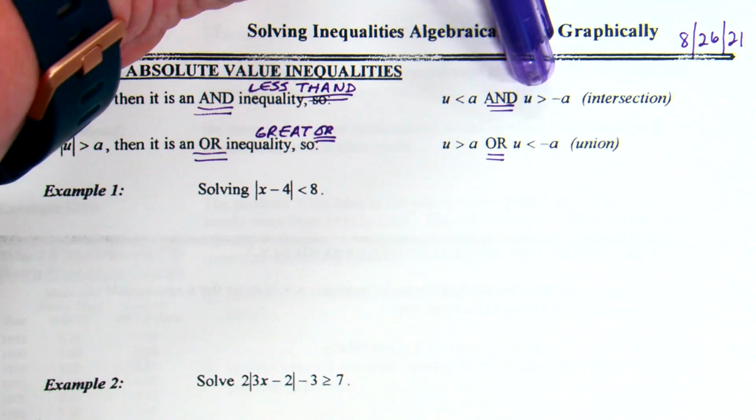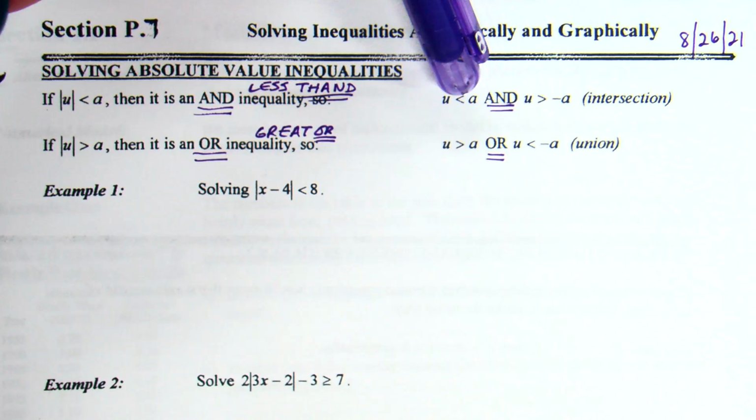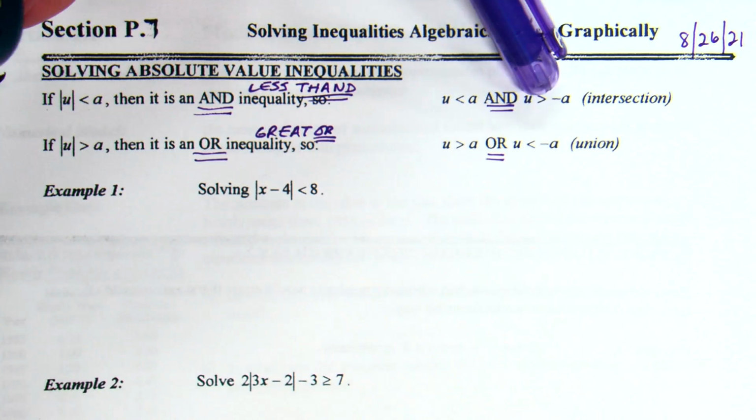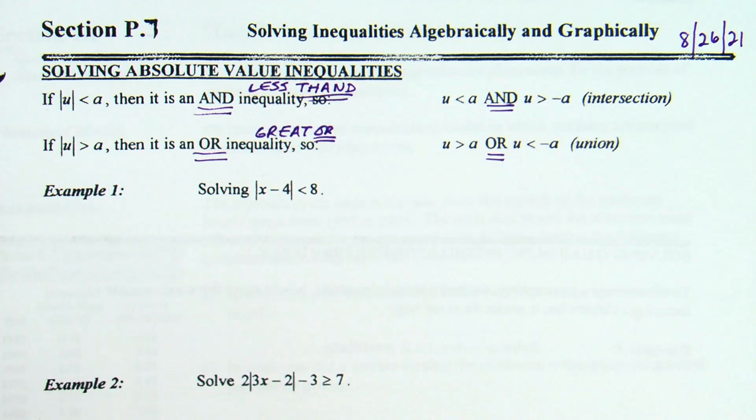Whatever's in the absolute value stays, but then we change two signs: in this case, we change less than to greater than and a positive A to a negative A. Same thing on the OR statement: you keep the first statement, so U greater than A stays, then you change greater than to less than, and A to the opposite of A.